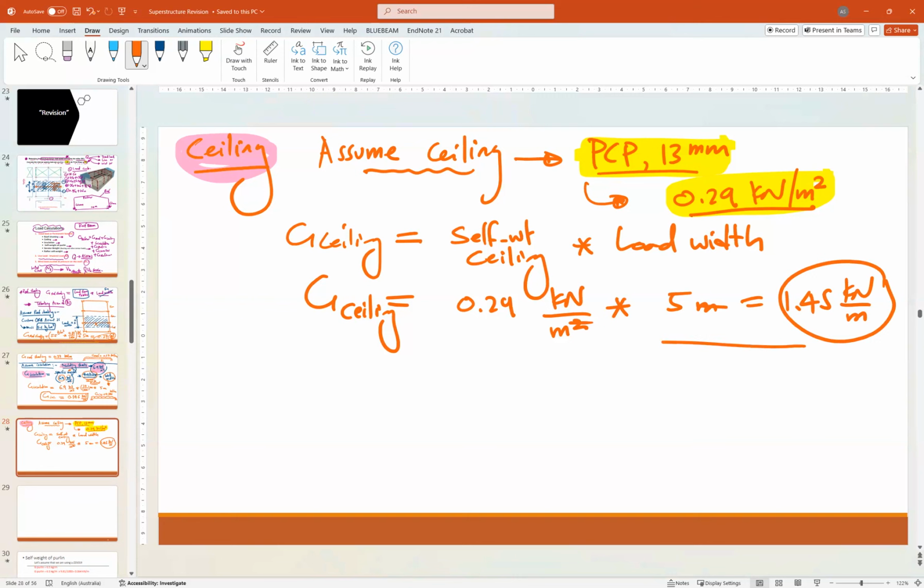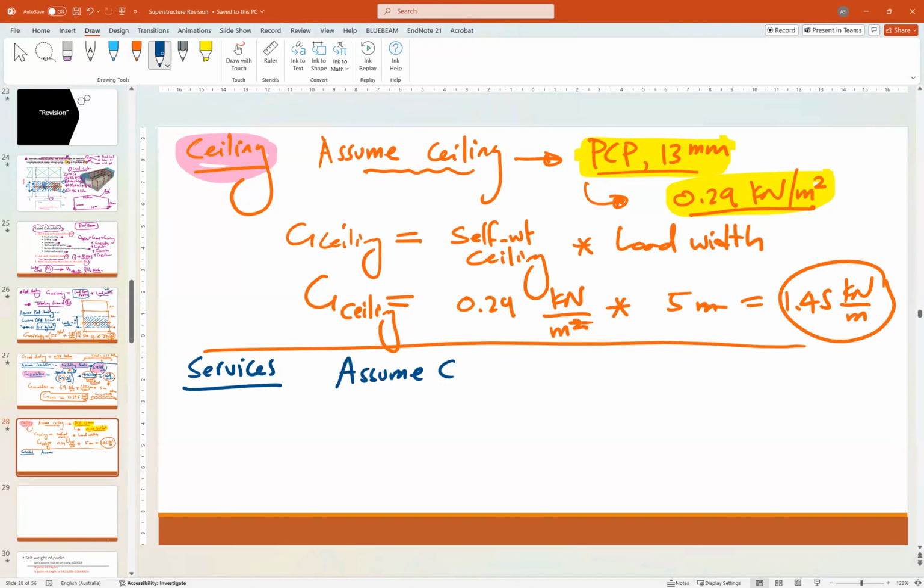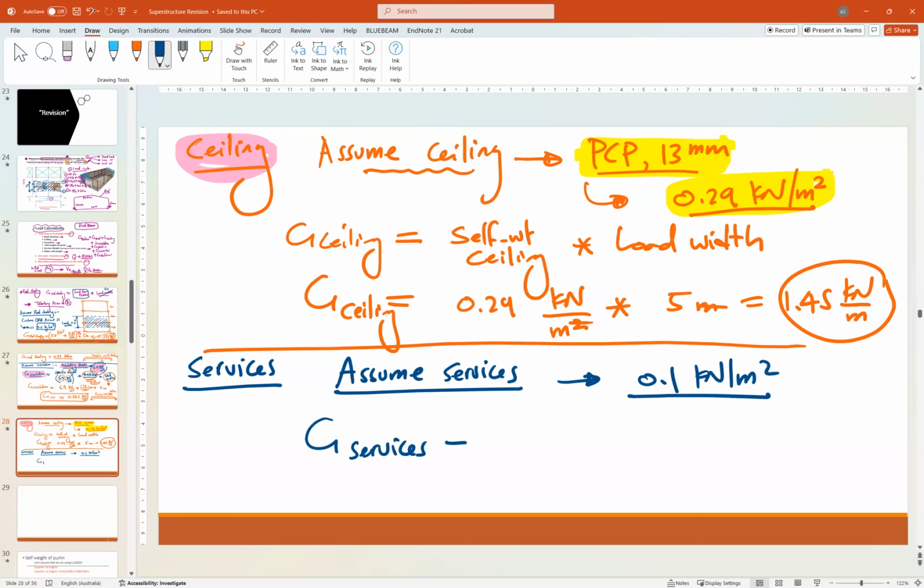Going to the rafter, the next part is the surfaces. The surfaces we can assume as 0.1 kilonewton per square meter. So G surfaces on the rafter equals 0.1 kilonewton per square meter times the load width. How much is the load width? 5 meter.